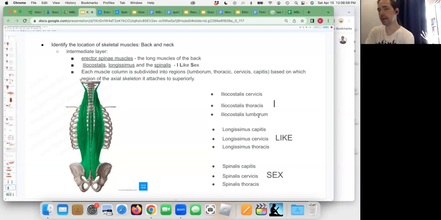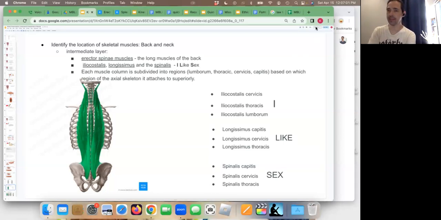They are not going to ask you, I'm guessing, to differentiate between the iliocostalis cervicis and the iliocostalis thoracis or iliocostalis lumborum. And I would bet your money back, if I could, that they are not going to mix these things up in an attempt to confuse you. Like, they're not going to call, see, this is longissimus capitis.